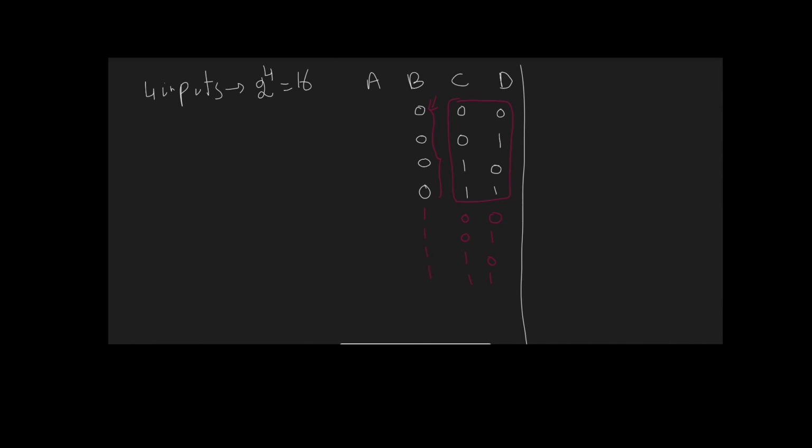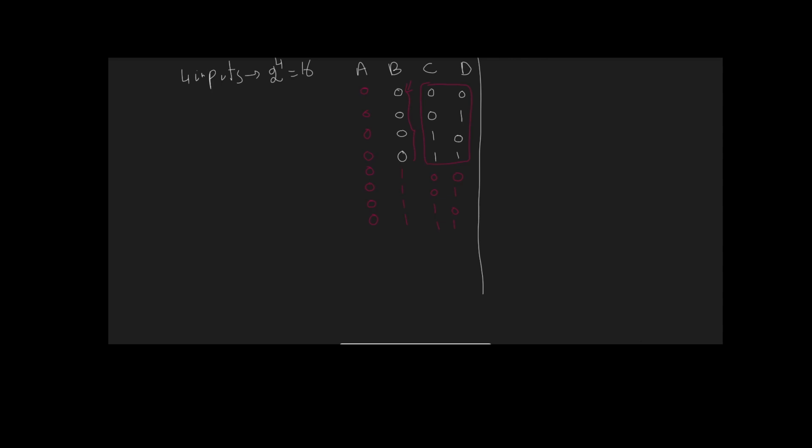So this is our 8 rows. We need 8 more. For A, we write zeros all the way down, 0, 0, 0, 0, 0, 0, 0, 0. For the other 8 rows, the easiest way is to copy these the way they are without any change.